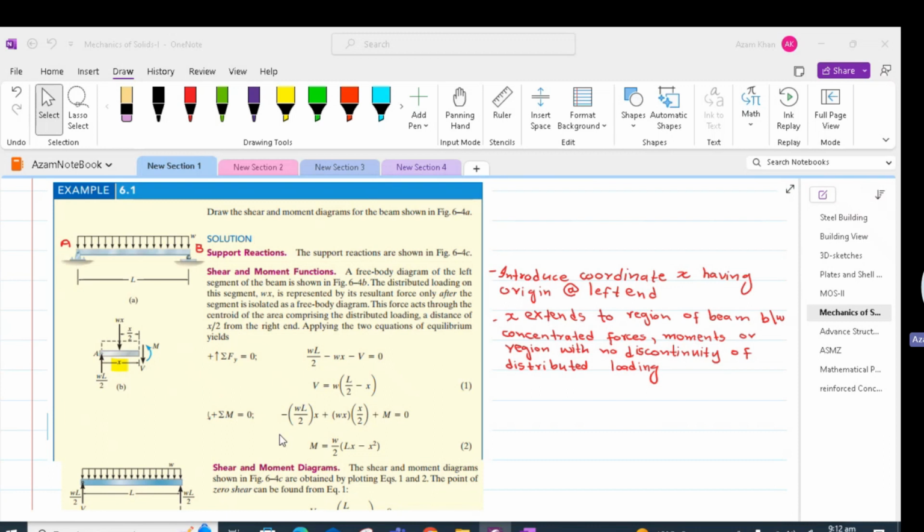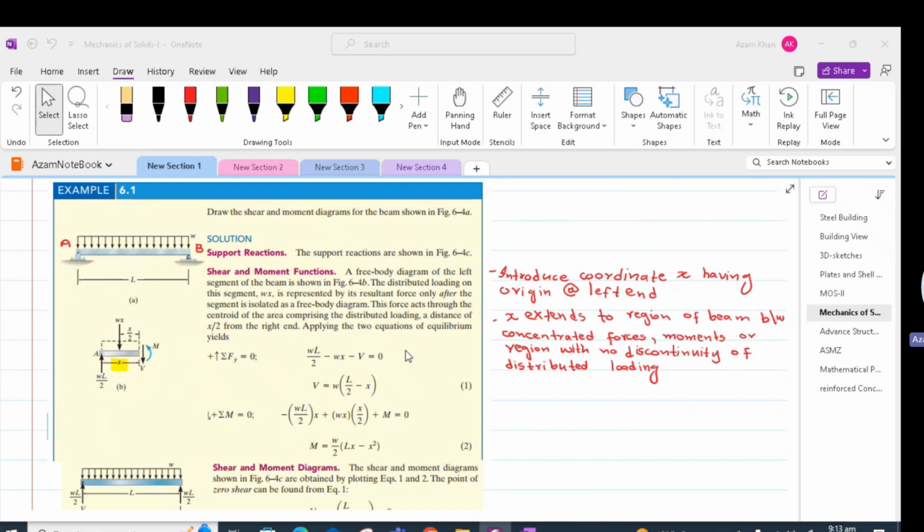Now, just a few words about the coordinate x which we introduce in our system for drawing shear force and bending moment diagrams. The coordinate x, in accordance with our sign convention, should have its origin at the left support.